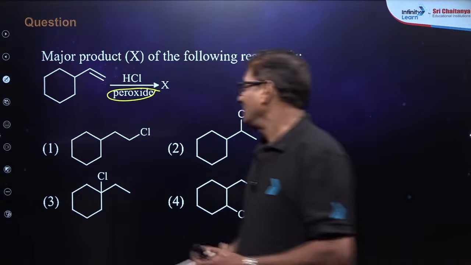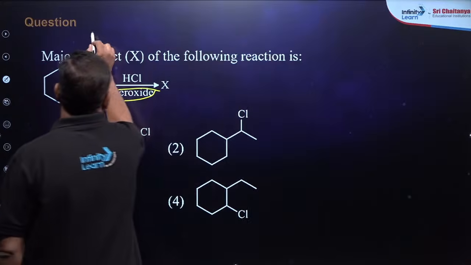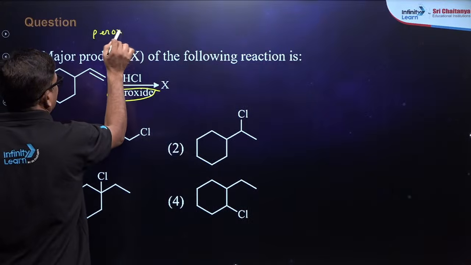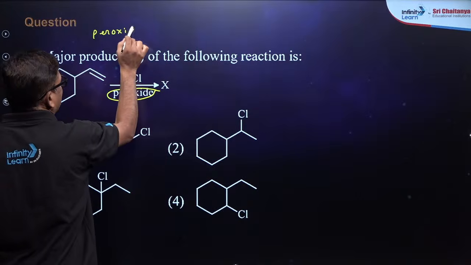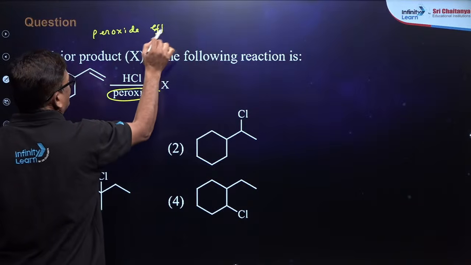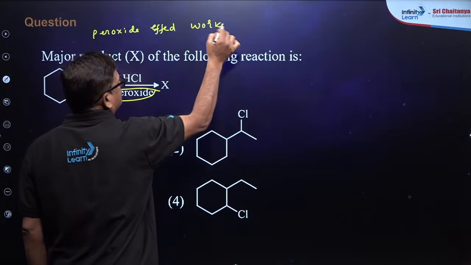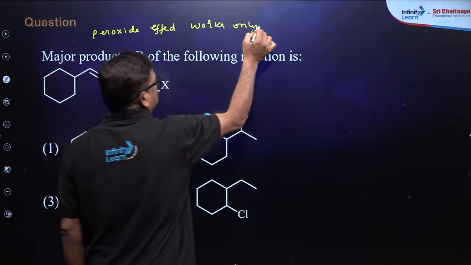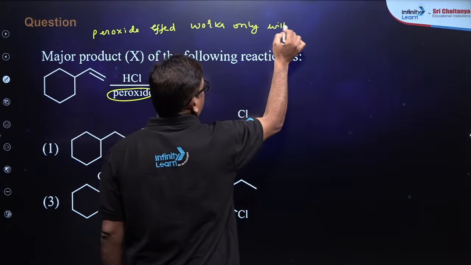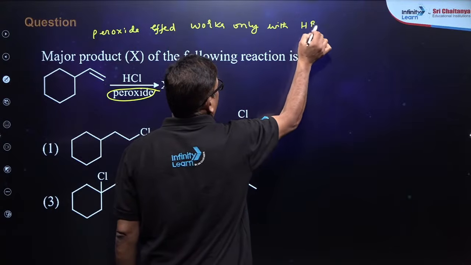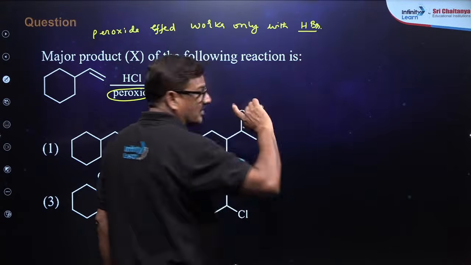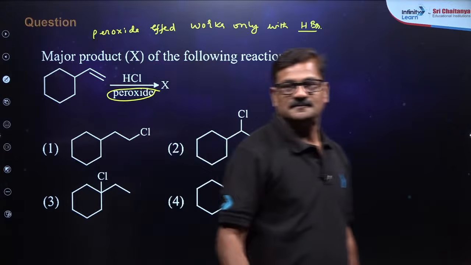Okay, peroxide effect. Your answer is appreciated. The peroxide effect works only with HBr, but not with HCl.